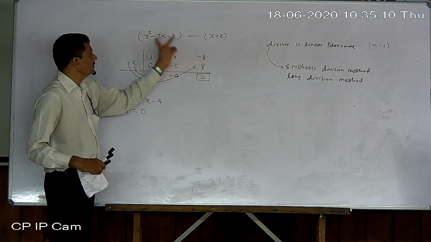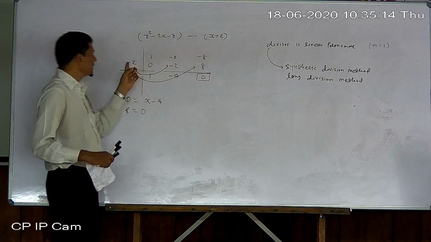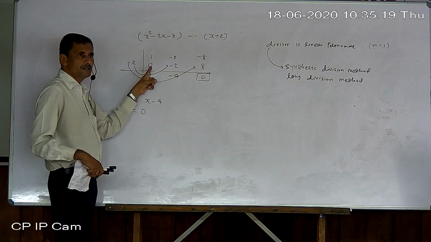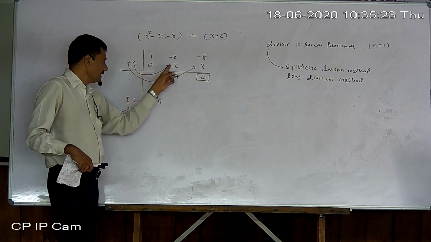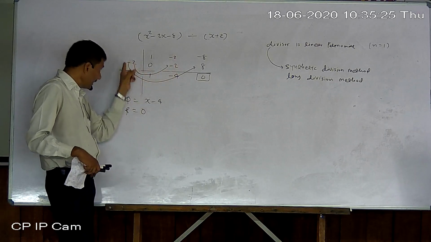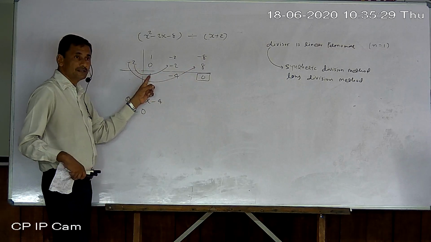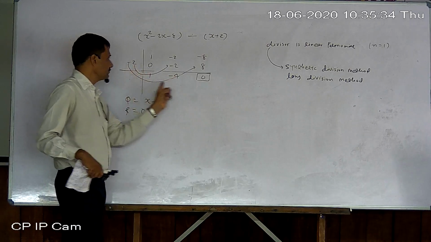Just write down all the coefficients of the dividend polynomial. Now write here the zero of the divisor polynomial. Now first of all, write down 0, make the total. Then multiply: minus 2 ones are minus 2. Make the total again. Then minus 2 is multiplied by the latest number here. The latest number is minus 4, so minus 2 times minus 4 is 8.